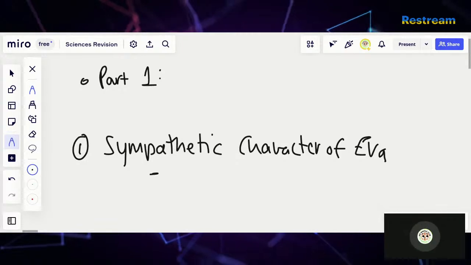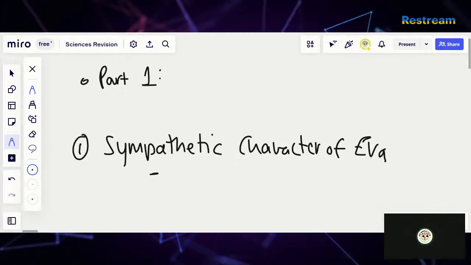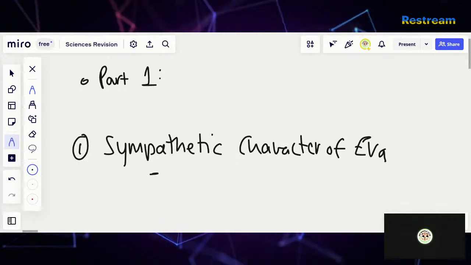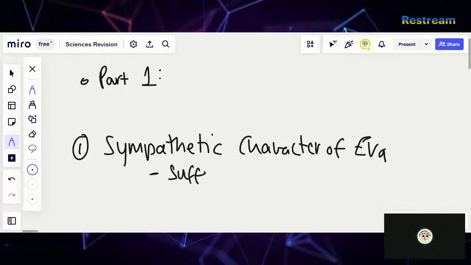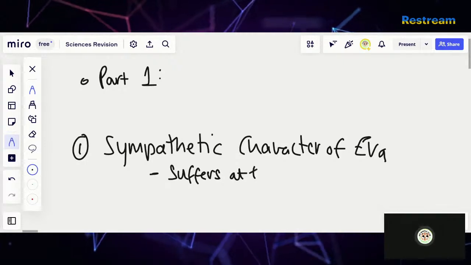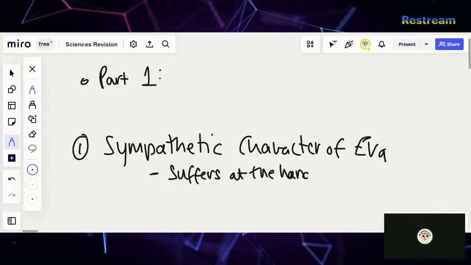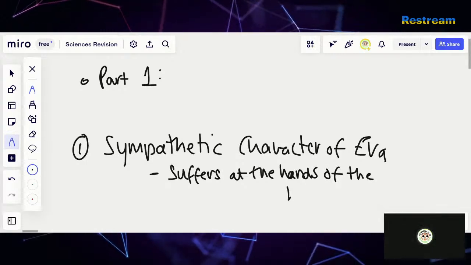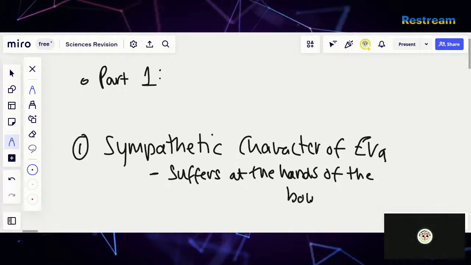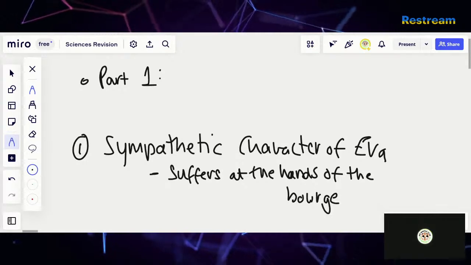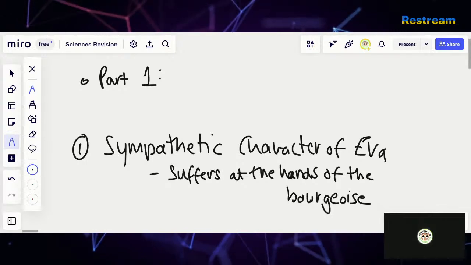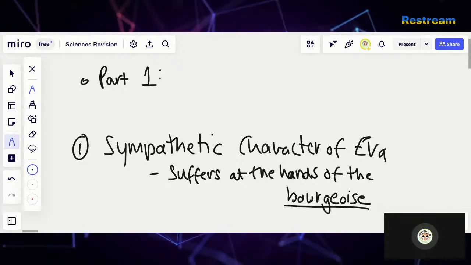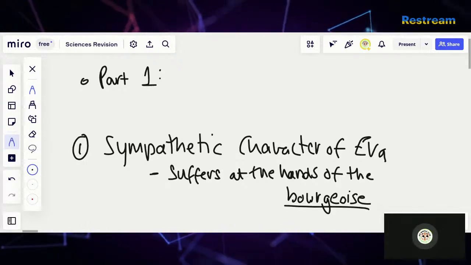She was presented as a character who suffers at the hands of the bourgeoisie. If you don't know what bourgeoisie means, bourgeoisie is just the upper class, rich family lifestyle.